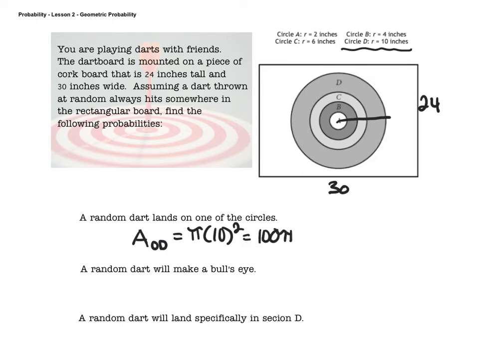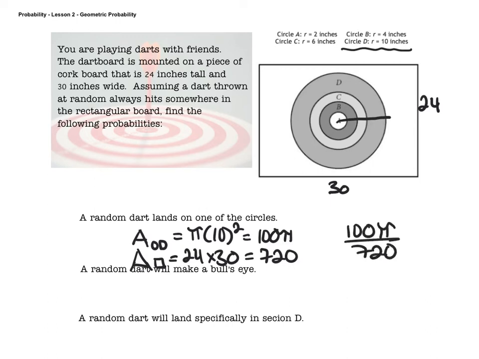And they want a probability. So the area of the rectangle is 24 times 30, which would be 720. Okay, so that it lands in any of the circles is 100 pi over that rectangular piece.